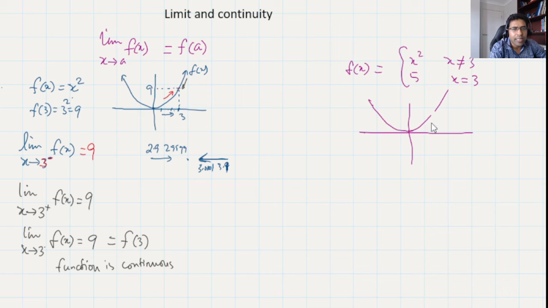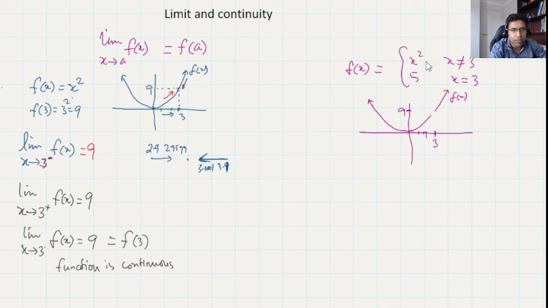So what I'm saying, it is 5. You know that this is exactly the same graph we are plotting here, function x equal to x square. So we are plotting function x, but at x equal to 1, let's say, 2, this is 3. So what happened when x equal to 3? It's supposed to be 9, right?